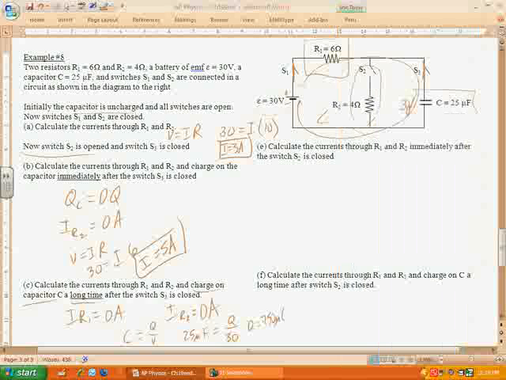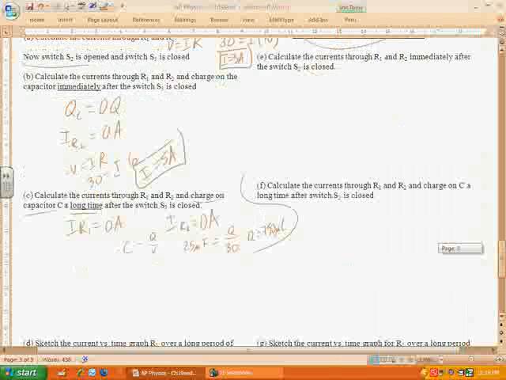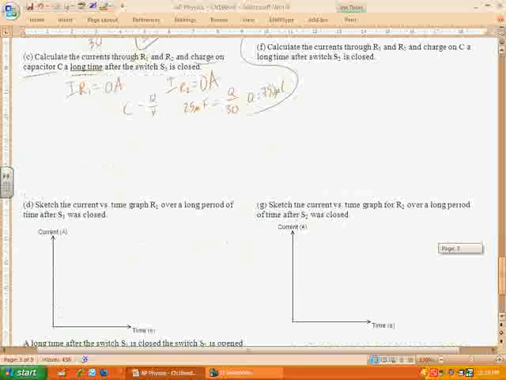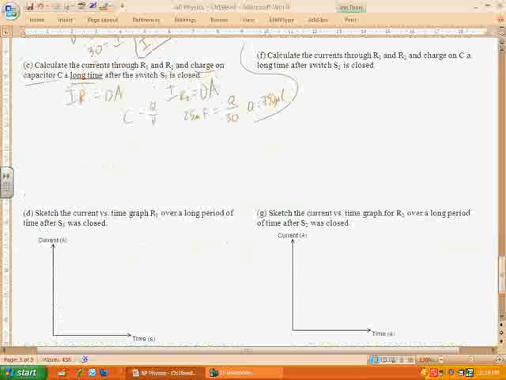Well, that is going to depend on the rate of change of the current. If the current is always changing at the same rate, then it'll be a straight line. If the current is changing at different rates depending on how many electrons there are, then it's going to be a curve. Now the reality is that as you get more charge here, as you start to get some plus and minus there, the current is going to have a harder and harder time flowing.